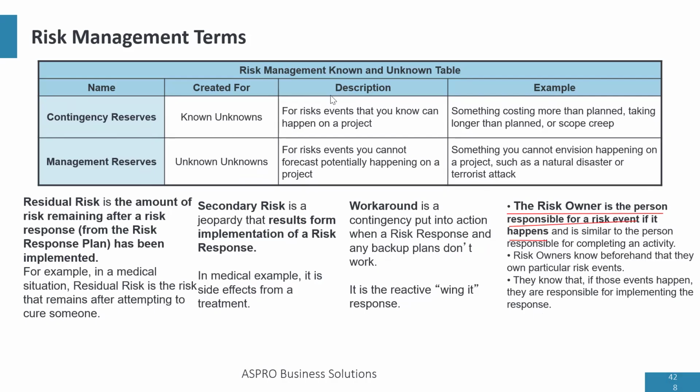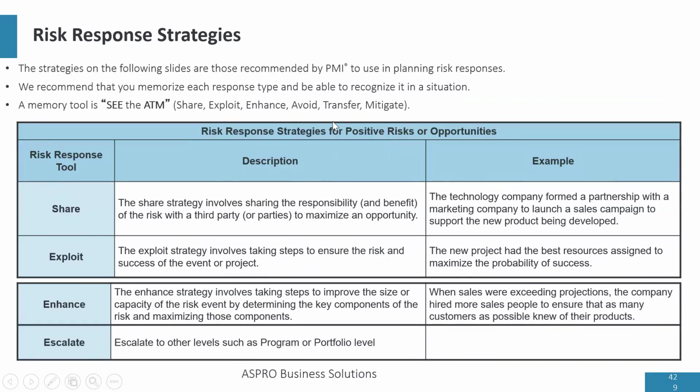So let's go and look at risk response strategies. And we start with risk response strategies for opportunities. We have share, exploit, enhance. Share strategy means you partner with another organization to maximize the opportunity and also benefits.